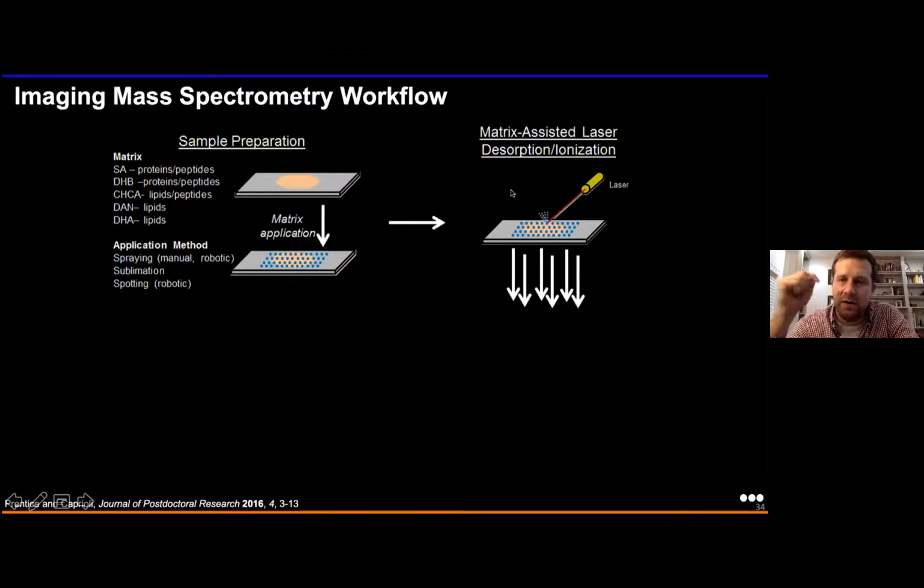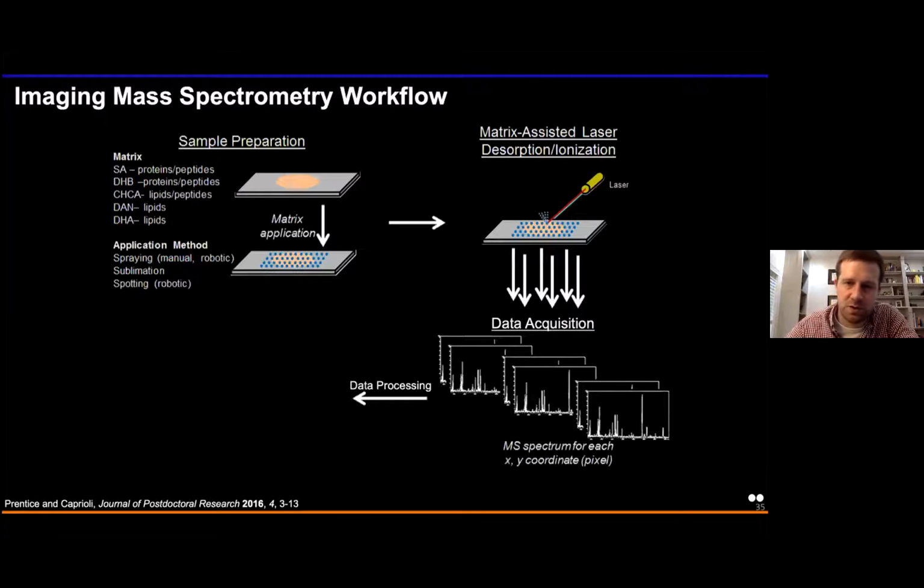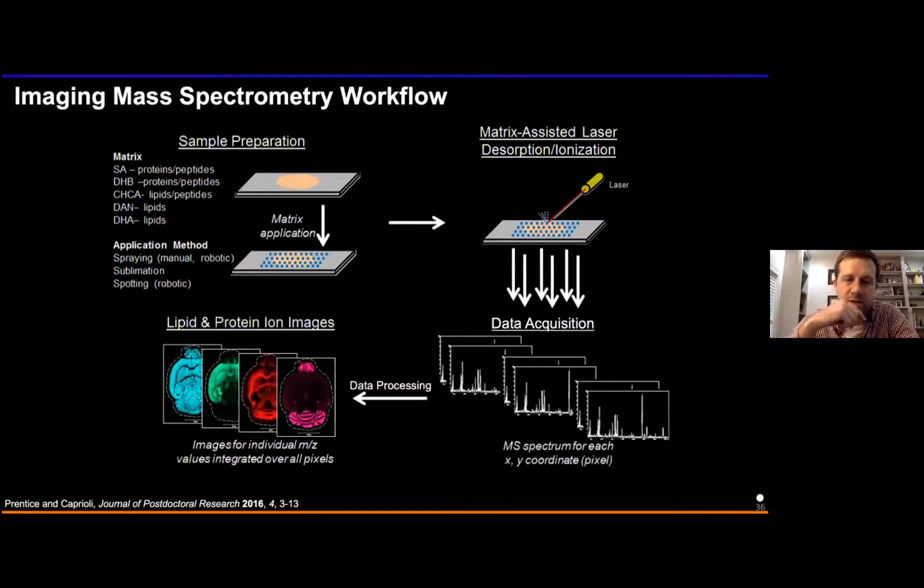We then interrogate the sample with our MALDI laser. So we basically fire at many different points across the tissue surface. At each point, we ablate material, sample that into the instrument, and generate a mass spectrum. So we can do this all over the course of the tissue at every single point or pixel where we're ablating, we're acquiring a mass spectrum.